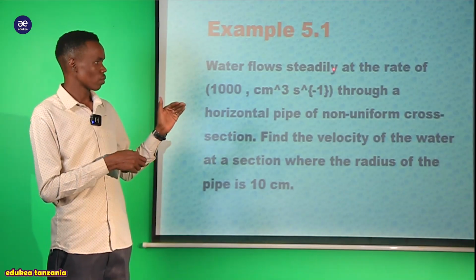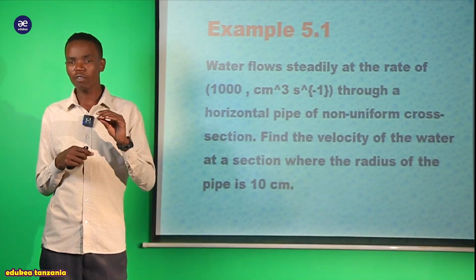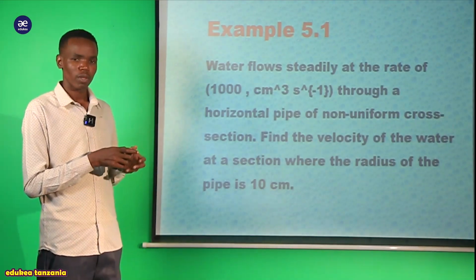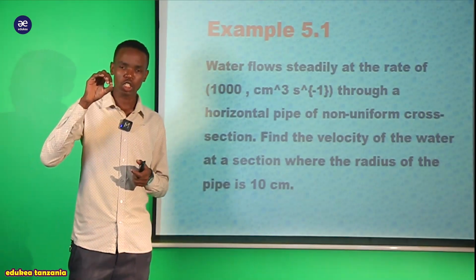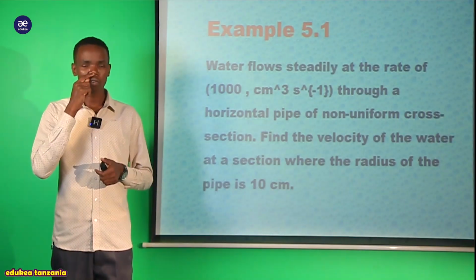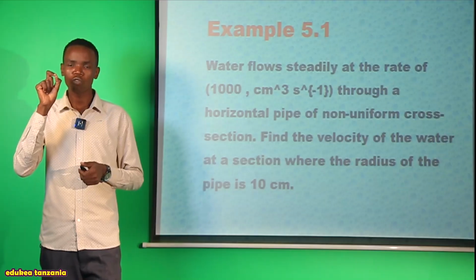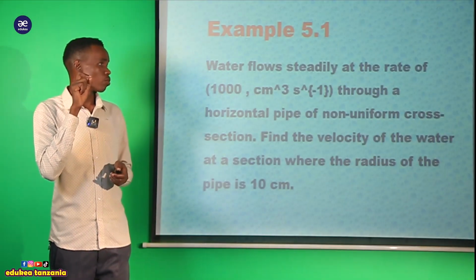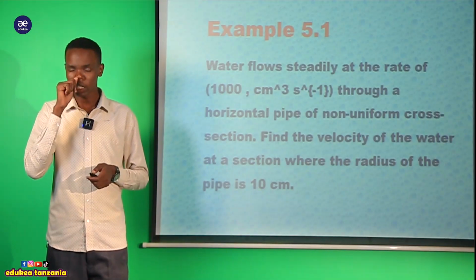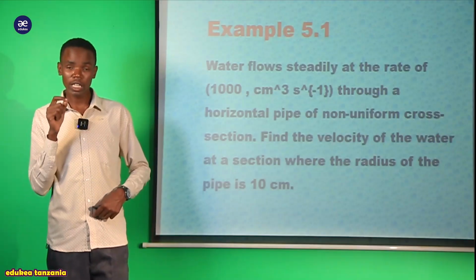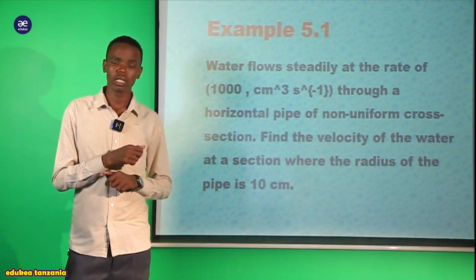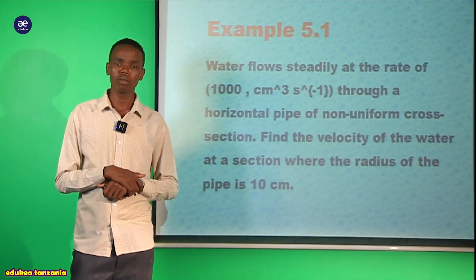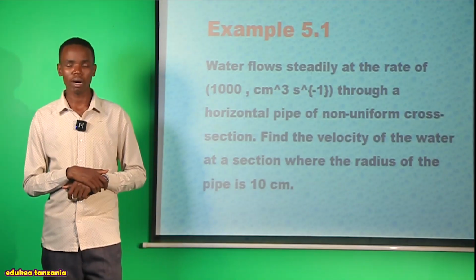The amount of water that flows through the tube, the rate of flow of volume, is equal to 1000 centimeter cube per second.